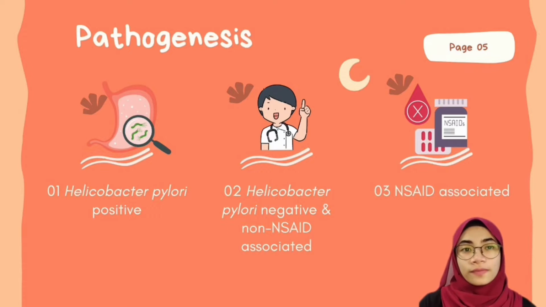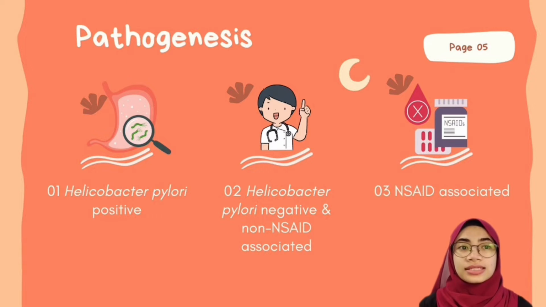The pathogenesis of peptic ulcer disease may be considered as a combination scenario involving an imbalance between defensive factors and aggravating factors. Other than that, NSAIDs also play an important role in the pathogenesis. The pathology can be divided into three broad categories.